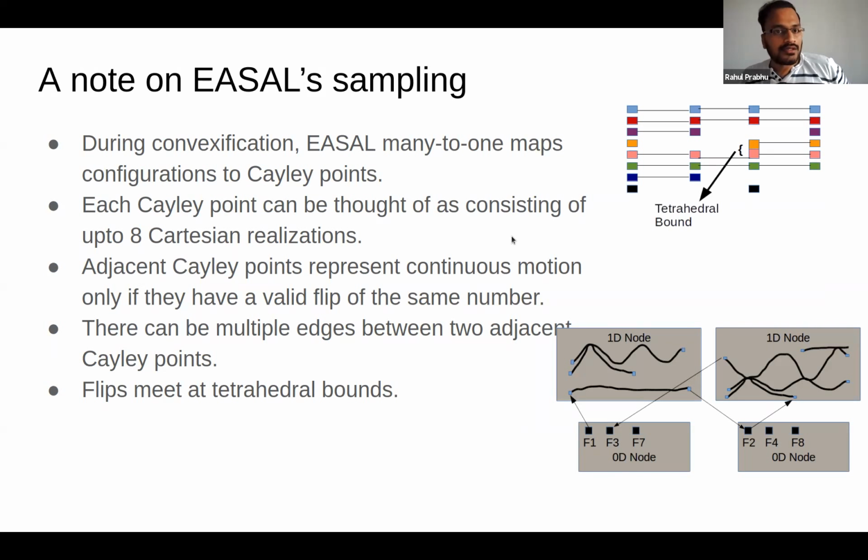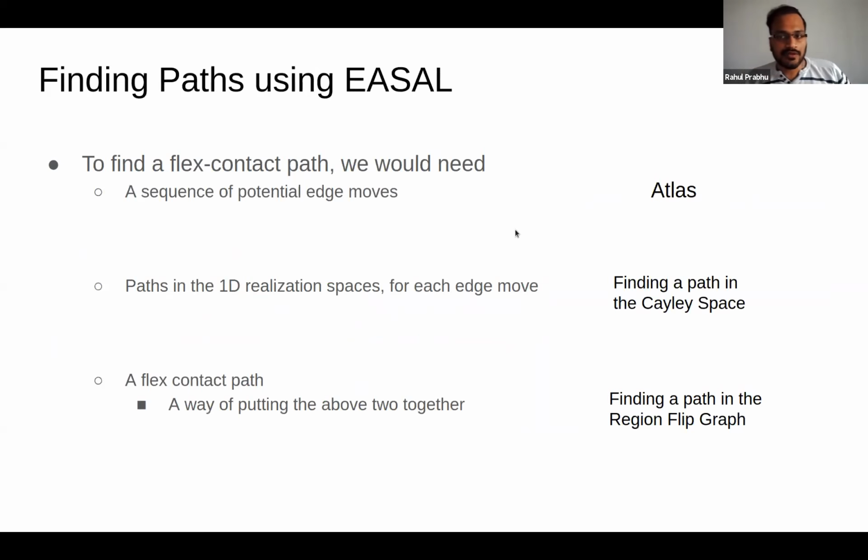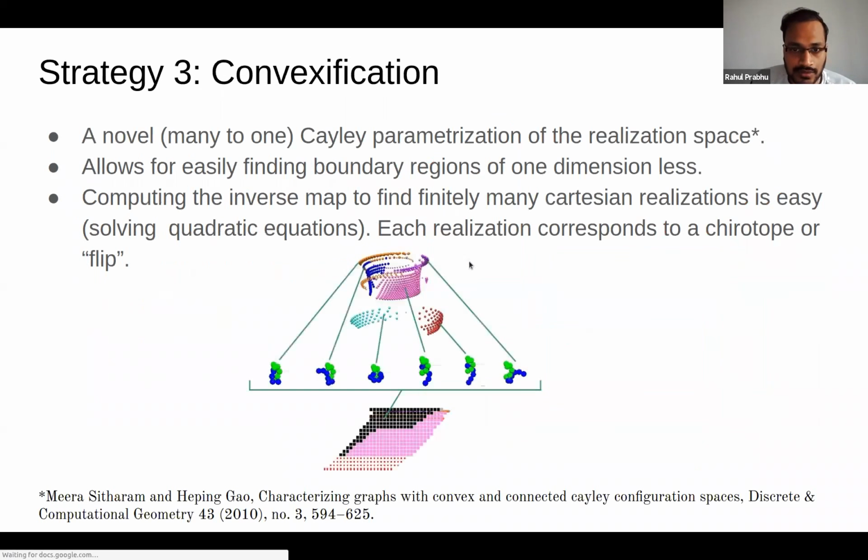So yeah, I don't think I've mentioned this before. Maybe I should. The Atlas's sampling is not a one-to-one map to the Cartesian sampling. It's a many-to-one map.